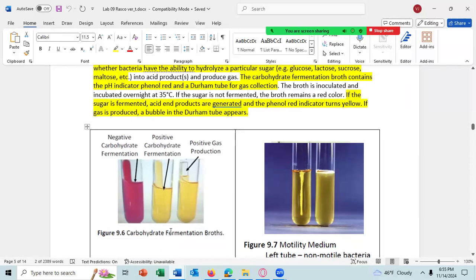And then you can also have acid and gas, where you have acid being produced, the media turns yellow, and then you have production of gas, which we can see in the inverted Durham tube, that bubble. So AG for acid and gas. If the sugar is fermented, you'll get an acid and you may get a gas.